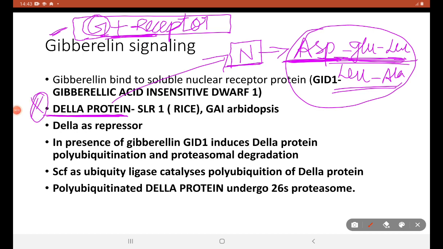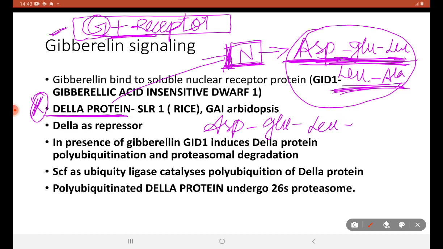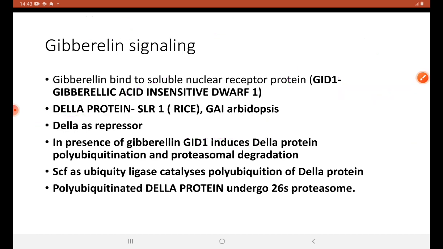This is again an important thing. What are the sequences in the N-terminal domain of DELLA protein? I repeat: ASP, GLU, leucine, alanine. These are the sequences. One point is clear, how this receptor binds with this ligand.